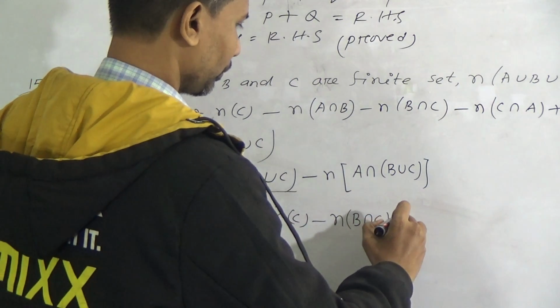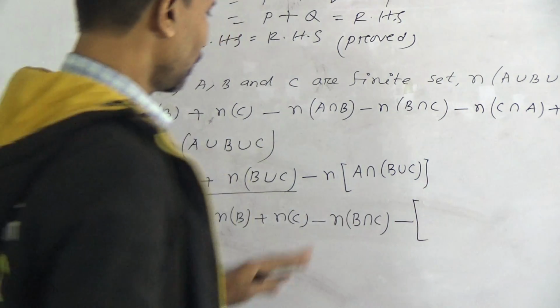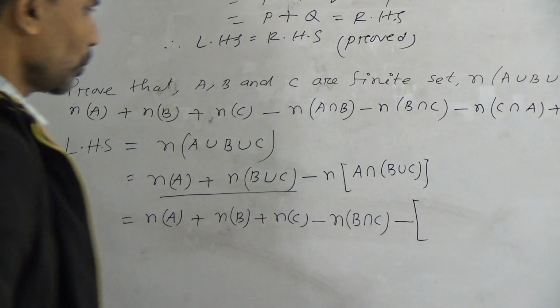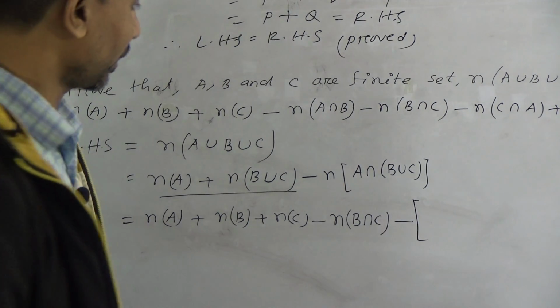Look, A intersection B union C. Now we have to use here the distributive law of sets.